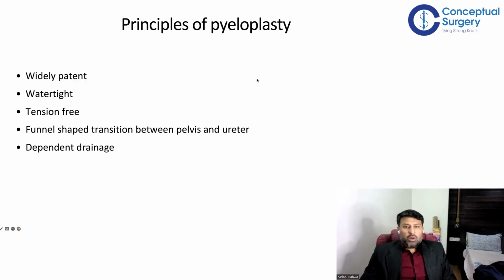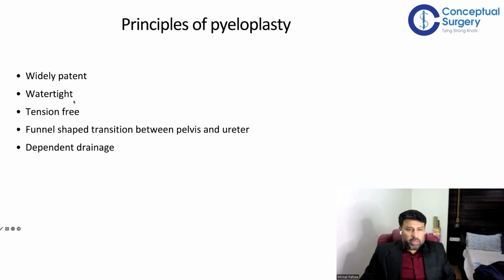So, what are the principles? What are we trying to achieve after a successful procedure? What defines a successful pyeloplasty? It should be widely patent. There shouldn't be any narrowing or constriction at the PU junction.